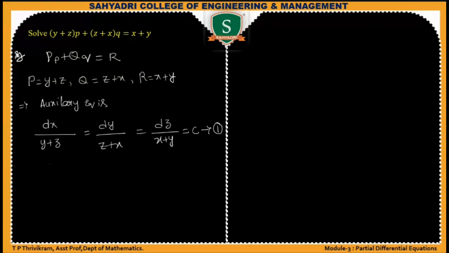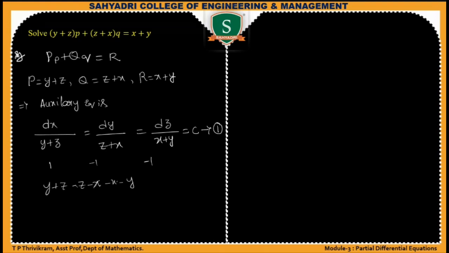Suppose it is 1, it is minus 1, and suppose it is again minus 1. What happens? Y plus z minus z get cancelled. Minus 2x will remain, minus z minus x minus y.